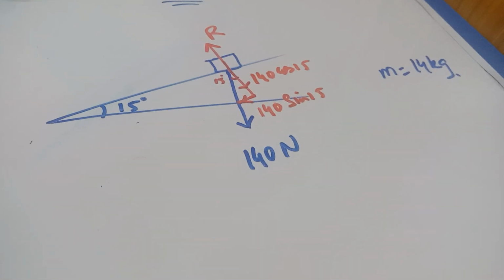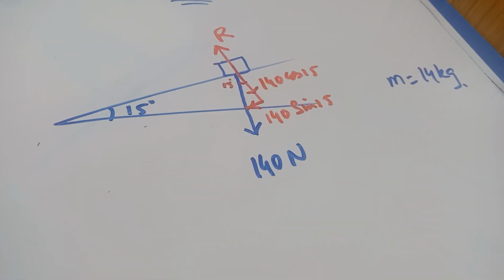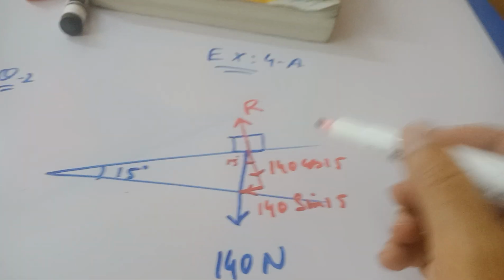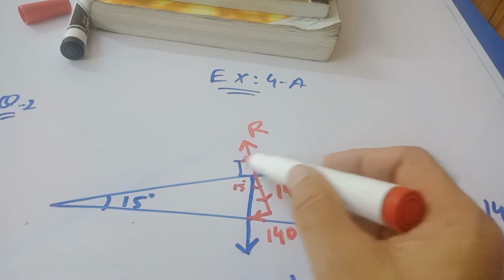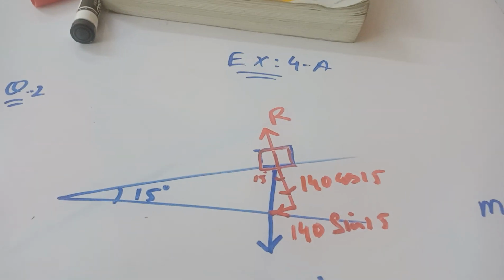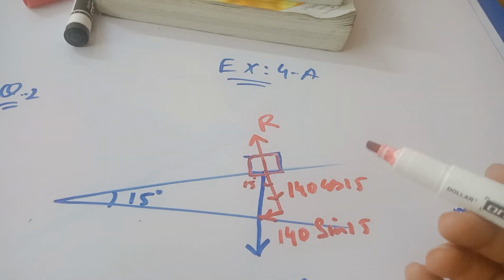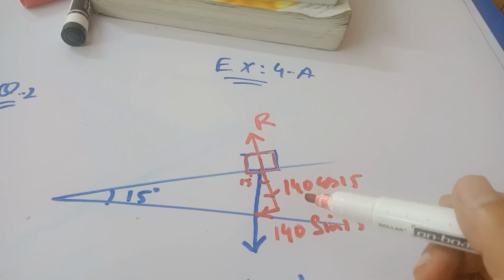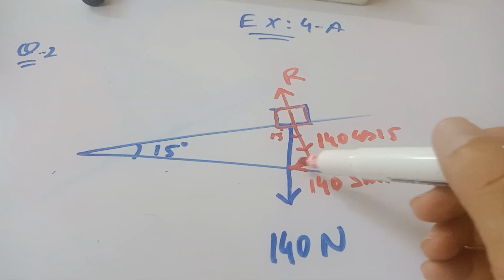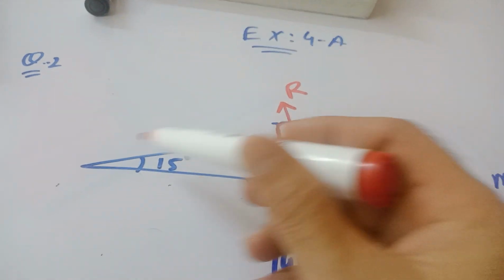It says, when there is no external force acting on the box, find the size and direction of the force of friction. Guys, there is no force which is actually trying to pull or push this box on this inclined surface. So it's asking what is the amount of that frictional force acting on this block. We can see that the weight of the block would be pushing this downwards, down the slope.